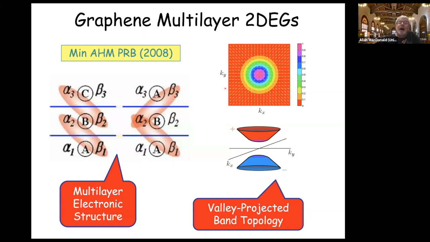Actually in AB bilayer, the wave functions are always half in one layer, half in another layer. But you can see the topological properties of the bands. If you integrate over momentum space, you can see that these Bloch states cover one hemisphere of the Bloch sphere twice, which means they have a Chern number of 1 in bilayers.